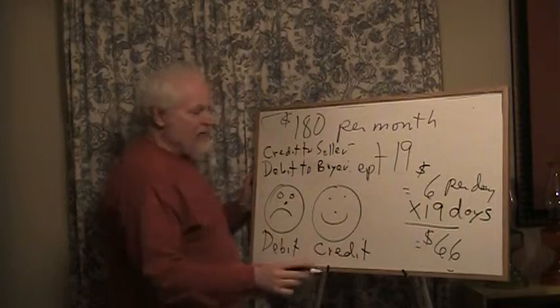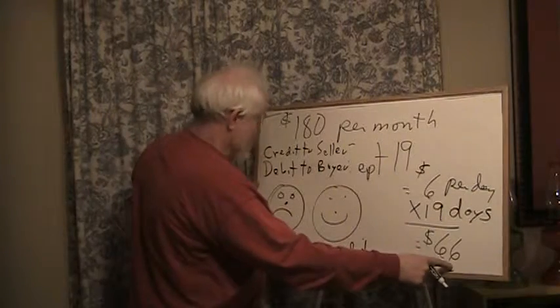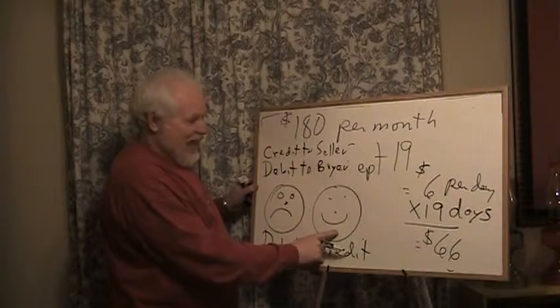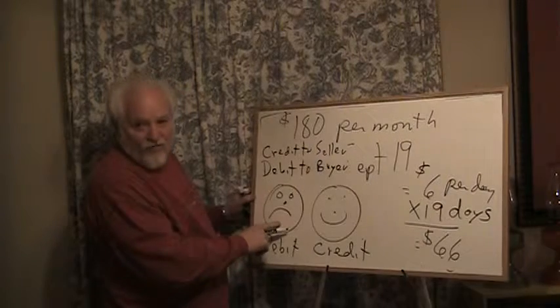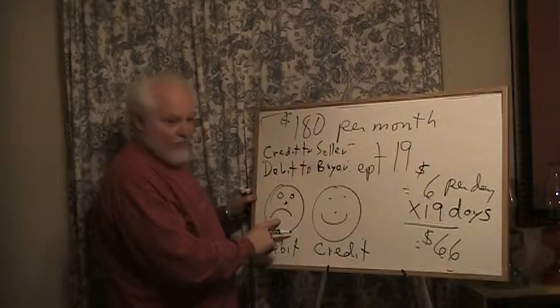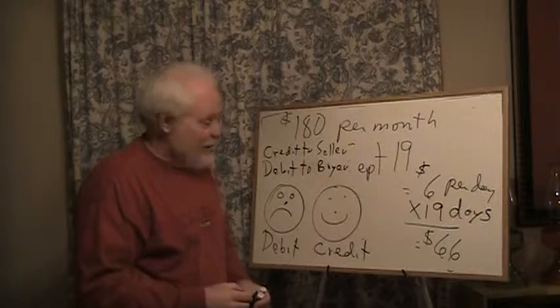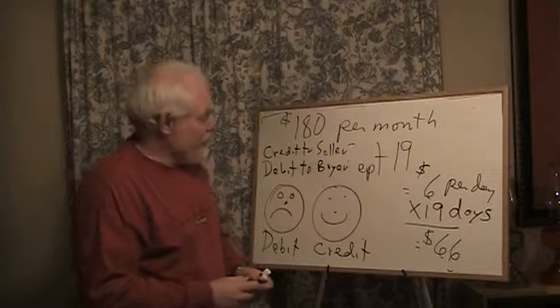Because if you stop and think about it, here we are at the closing on September the 19th. Mr. Seller is getting the money. He's smiling. Mr. Buyer is paying the money. He's frowning. Debit, frowny face. Credit, smiley face. And you can't miss if you'll use that.